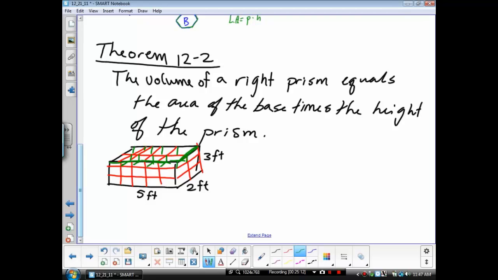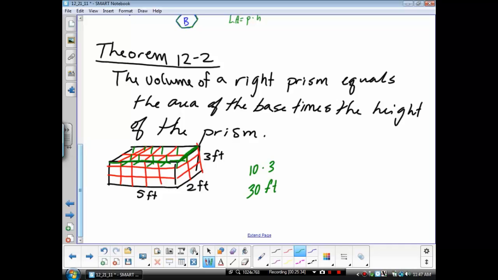Then, how many layers of 10 cubes do we have? 3 layers, which means how many total cubes are going to be in that? So we're going to have 10 times 3, because there's 10 in each layer and there are 3 layers, which gives us 30 cubic feet.